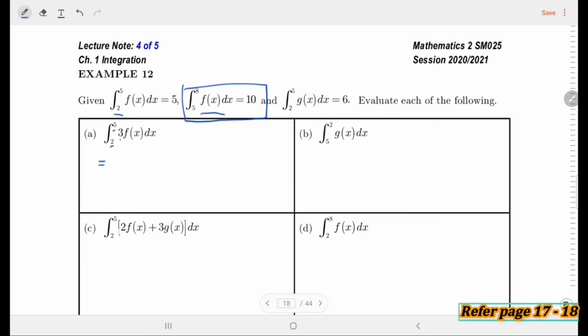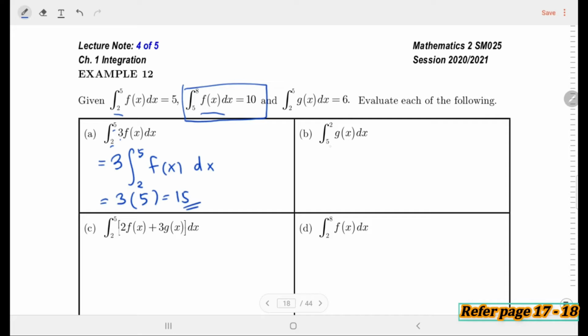In integration, we should always take out the constants for easier operation. So I am taking out the 3, and the limit left is 2 to 5 of the function dx. As given in the question, the integral from 2 to 5 of f(x) dx is 5. So the answer is 15.